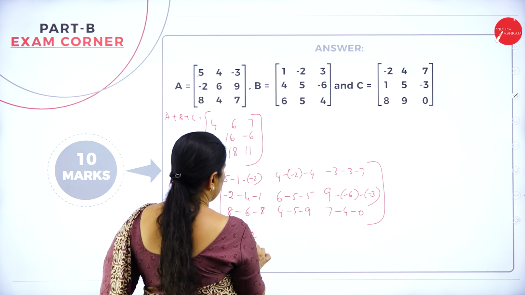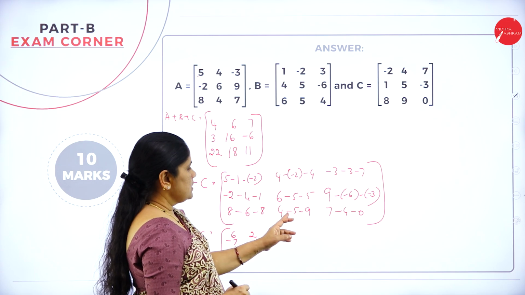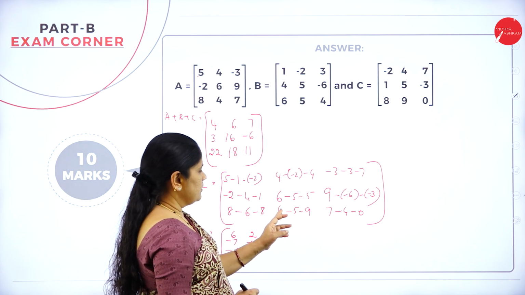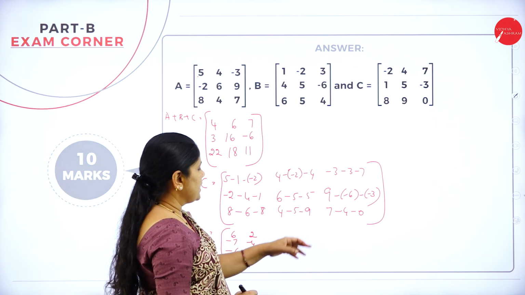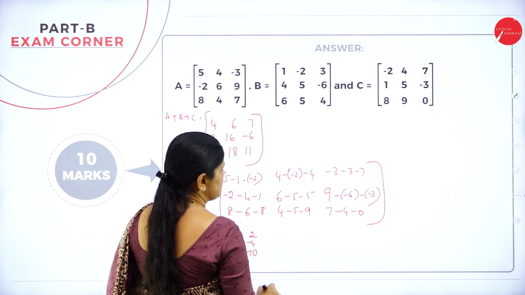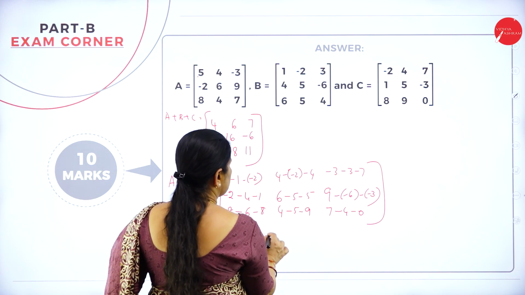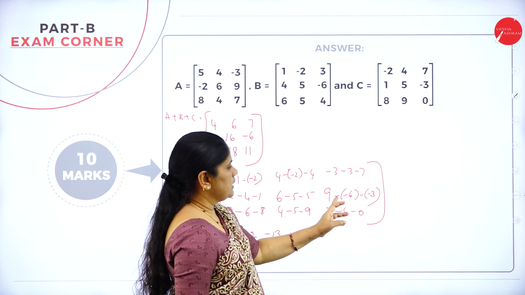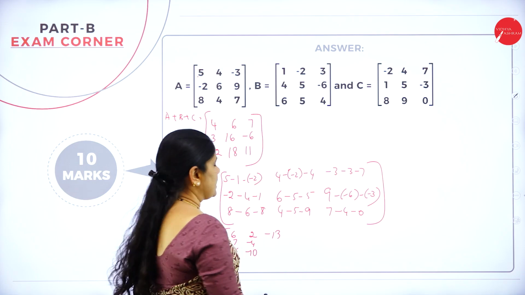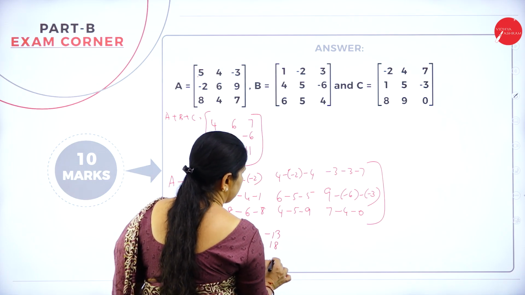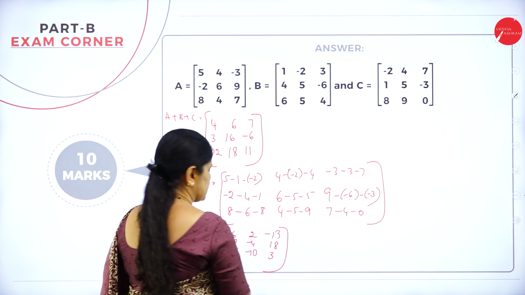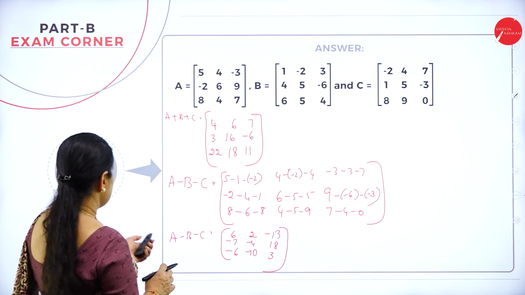So minus 5 minus 1 minus 4. So minus 5 plus 4 will be minus 1. So this will be minus 10. So this will be 10, 13. So minus 13. Then here it will be 9 plus 9 is 18. 7 minus 4 is 3. So this is the answer, A minus B minus C.